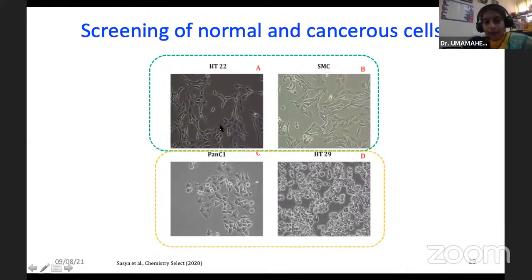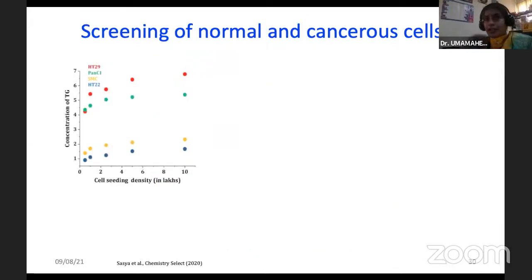Now, I put these pictures for you to see that the normal cells and the cancer cells, their size and shape are highly varied. So what we actually tried to do was, we took these cells and we disrupted the cell membrane, and we measured the total triglycerides in that medium obtained from the disruption of the same number of cells of normal as well as cancerous origin.